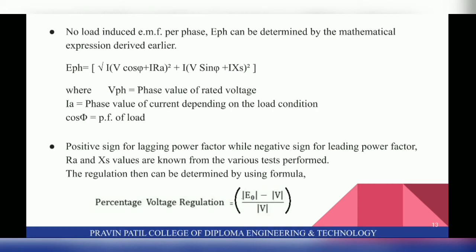Cos phi is the power factor of the load. Positive sign for lagging power factor, while negative sign for leading power factor. RA and XS values are known from the various tests performed. The regulation can then be determined using the formula: percentage voltage regulation is equal to E0 minus V upon V.